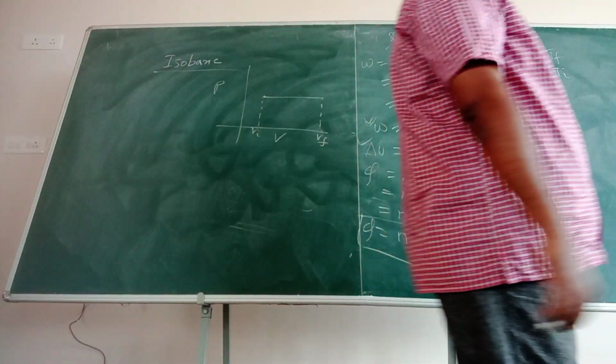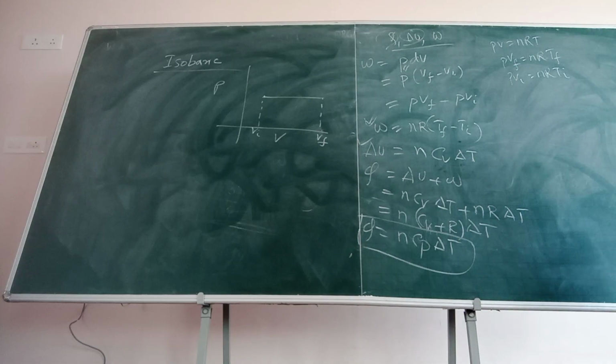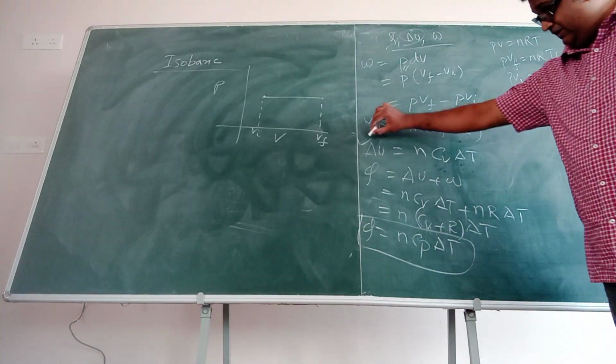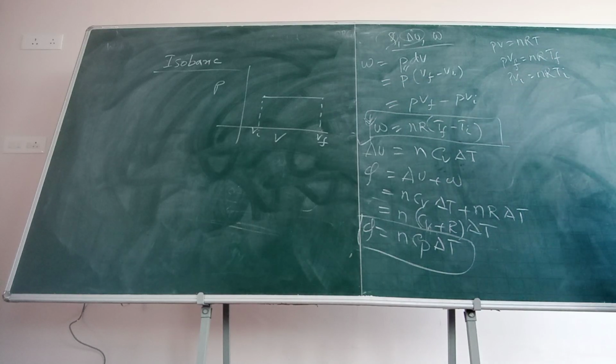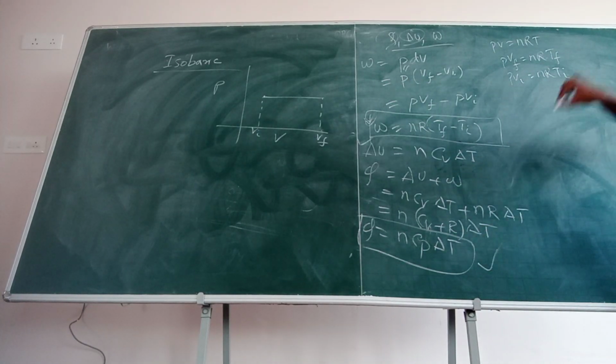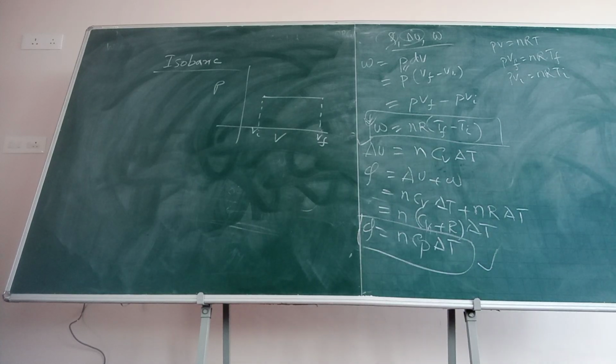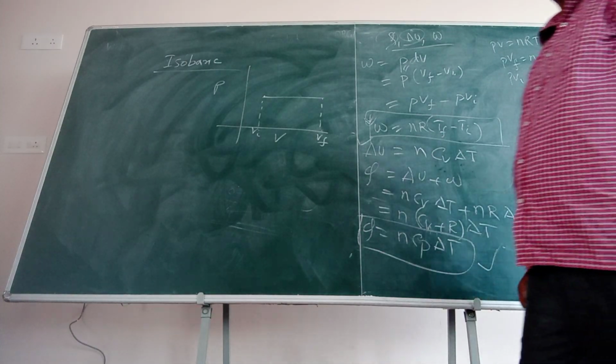So in this isobaric process, this is the formula for finding work, and this is the formula for finding the heat supplied. You have to remember these two. This is the expression for the isobaric process.